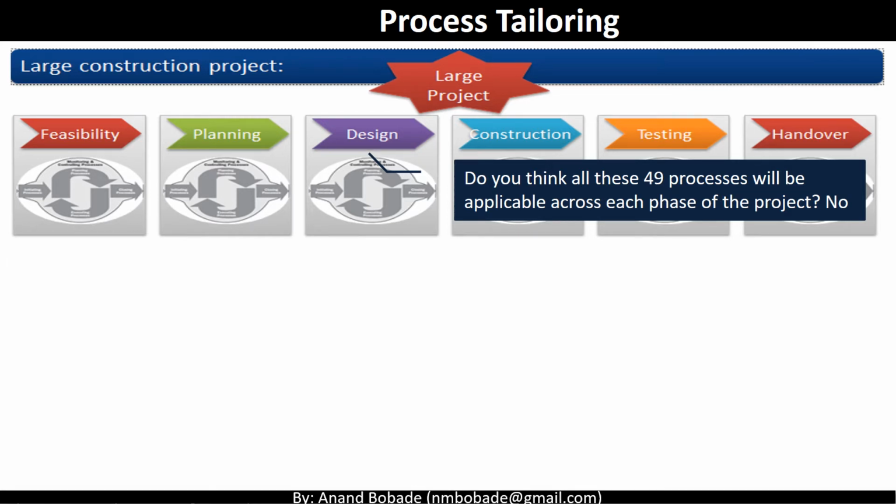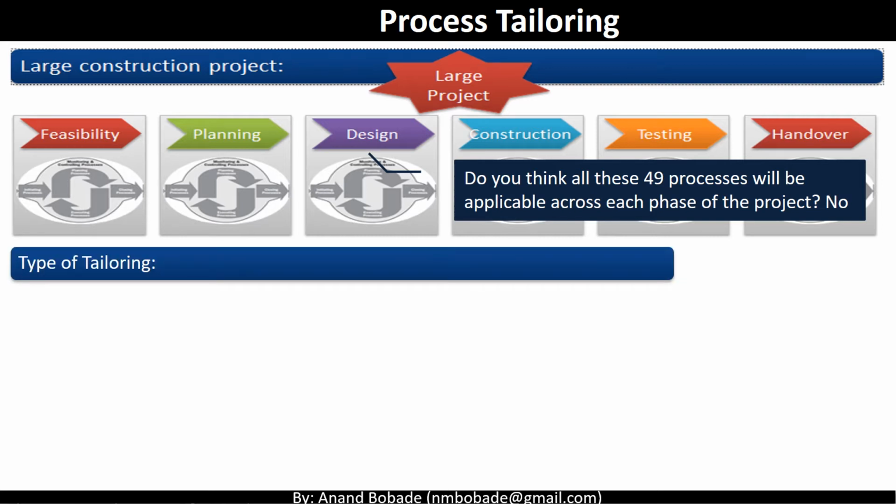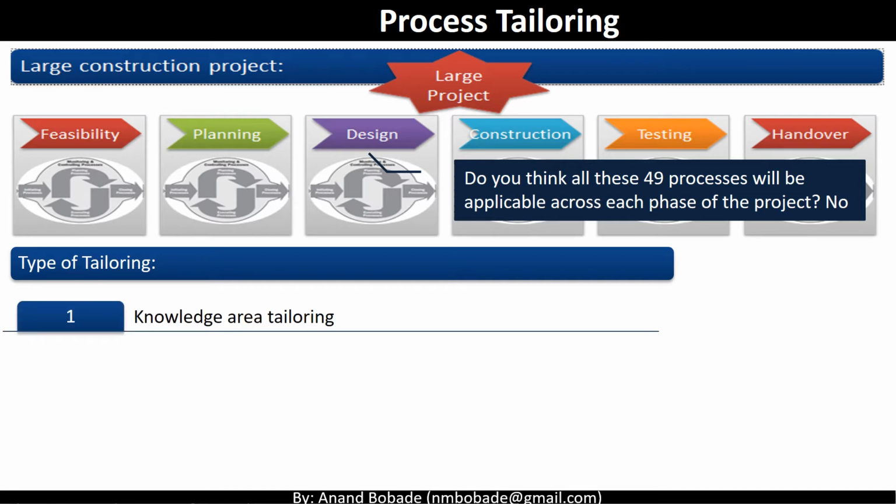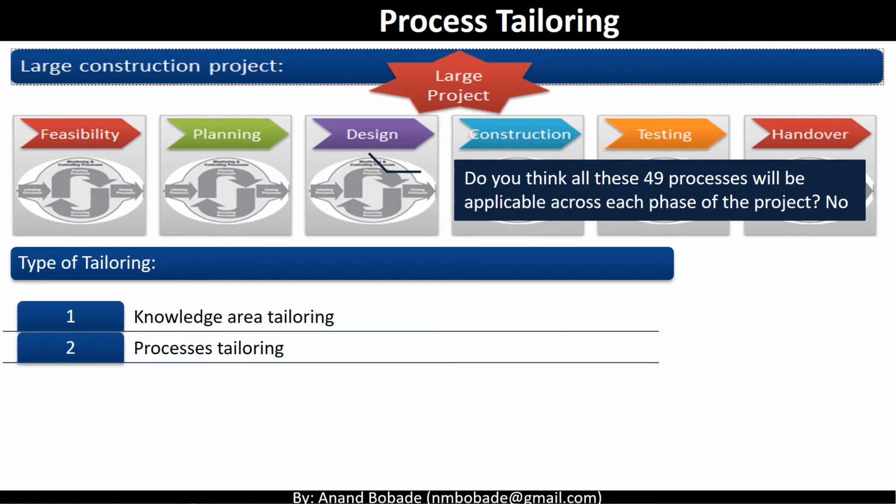Throughout the PMBOK guide, in different knowledge area chapters, you will learn about process tailoring. What are the types of tailoring? There will be possibility of some tailoring in each knowledge area. For example, from risk management knowledge area, you may tailor which processes you will use on the project. Processes belongs to knowledge area and hence they will also be tailored.